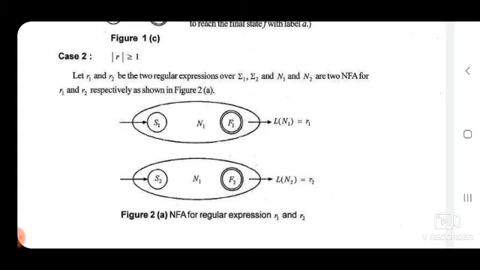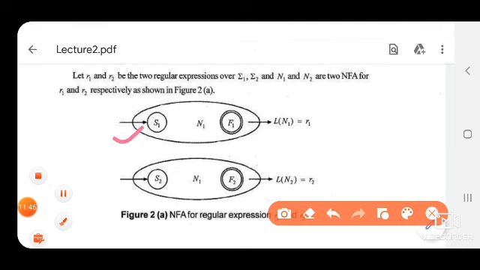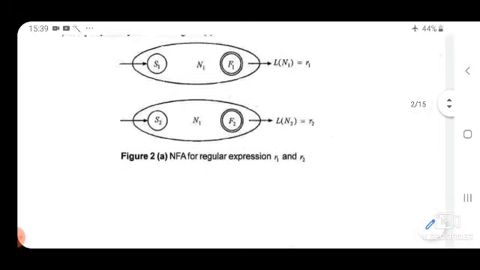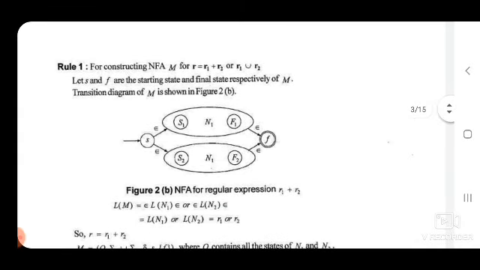So we have two NFAs: N1 is for R1 and N2 is for R2, and we have to take the union of these two NFAs. So how do we take the union of these two NFAs?